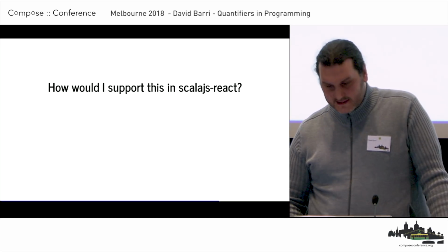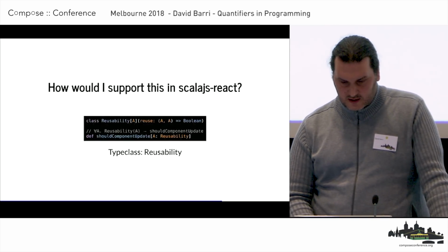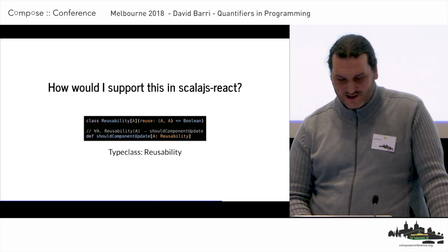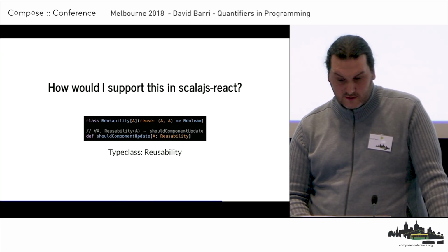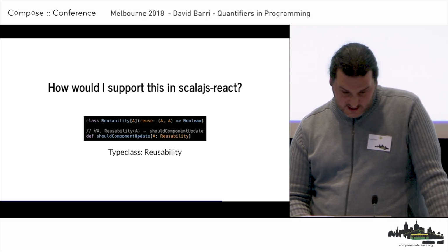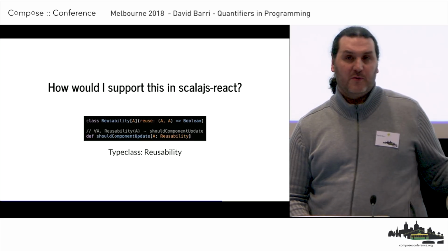So, how was I to support this in Scala.JS React? Well, I did what any good functional programmer would do and use the type class. So, very similar to equality, I created something called reusability. And now, given reusability, I can compute a should_component_update function.